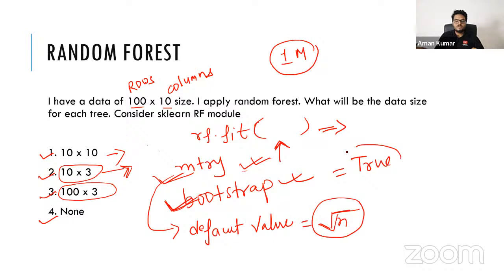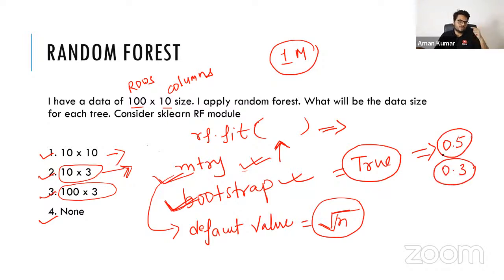True means it will take samples of your total number of records, but by default, it will take all the samples until or unless you go and say, hey, I want to take only 50% of the samples in each tree. I want to take only 30% of the samples in each tree. Until or unless you say that, it will take all the samples. That's what I remember. If somebody can argue with me, I'm okay with that.